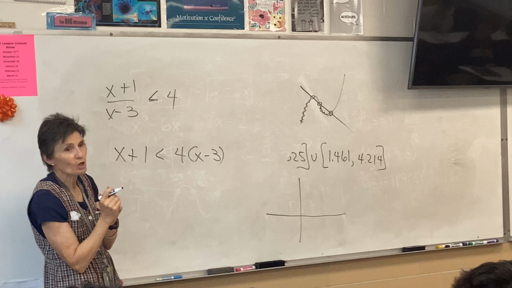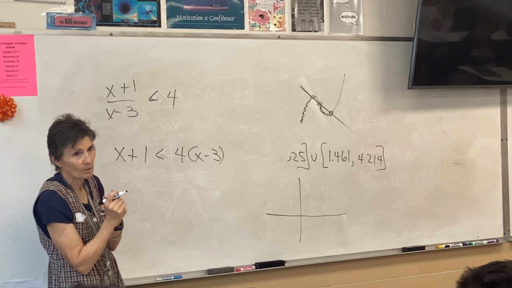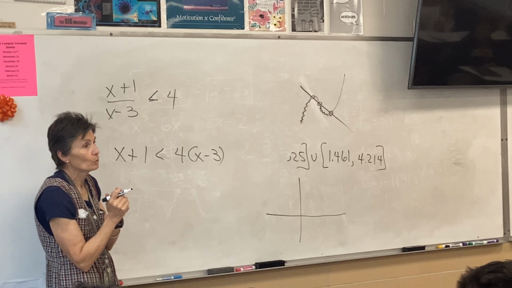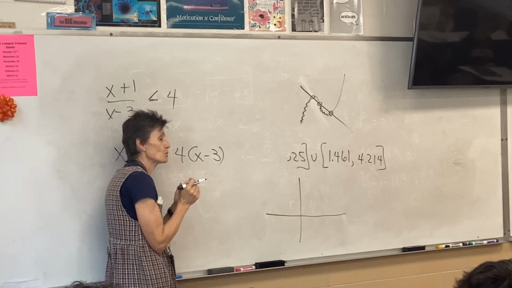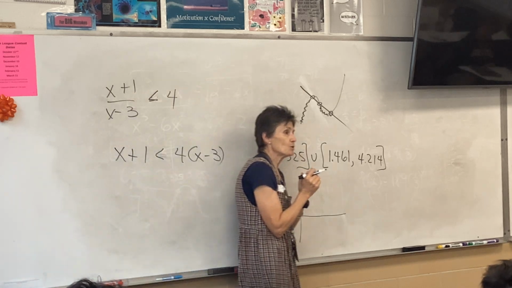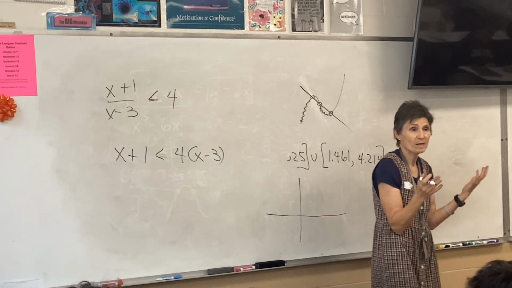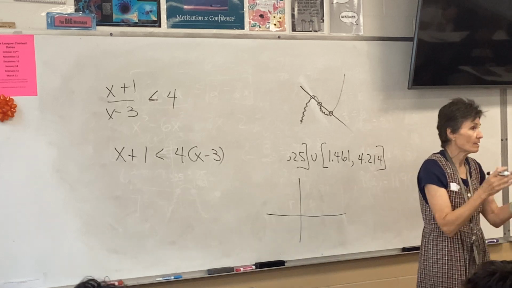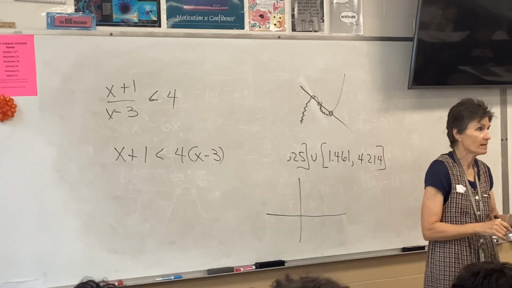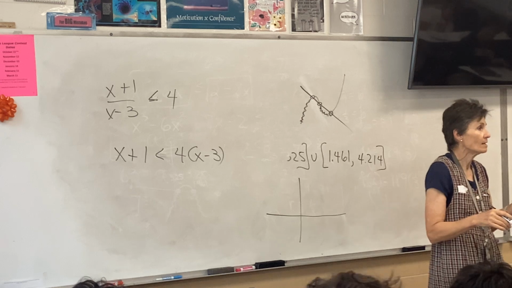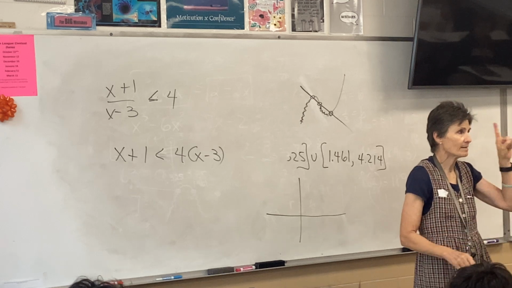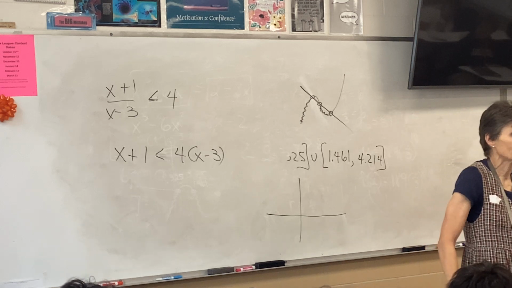When you were a little child and you first started working with inequalities, you learned that you could do the same thing to equations as inequalities. I mean, you can add 5 to both sides, right? You can divide both sides by 3. What is the one thing that's different about inequalities? Negative sign.